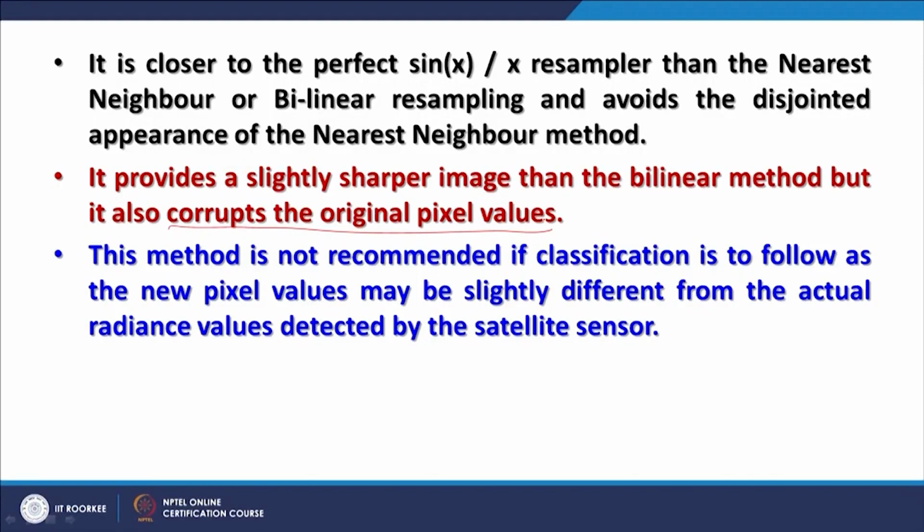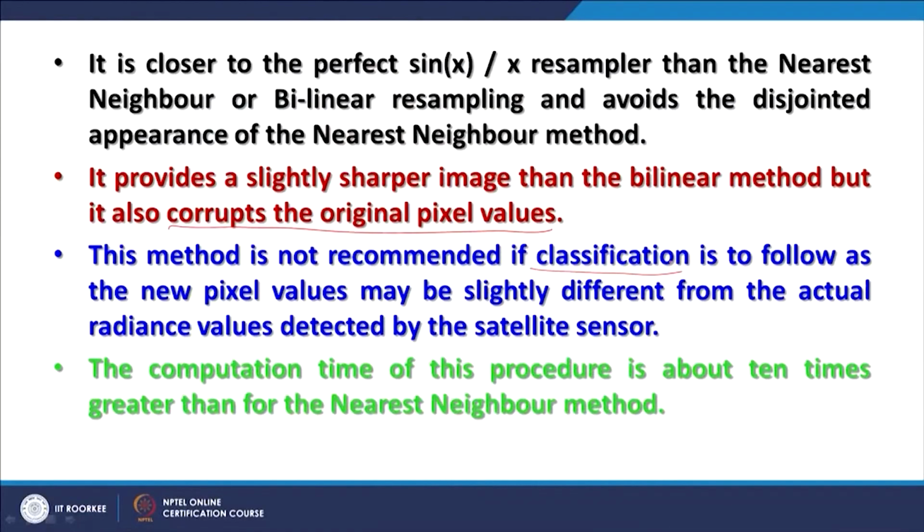So, again a judicious decision has to be made as per requirements, depending on what you are basically trying to do with the output. If you are going for image classification, then I would not suggest cubic convolution, not even bilinear. Do not compromise on the quality of the image and do not corrupt your original pixel values, just keep them intact and go for the nearest neighbor method.